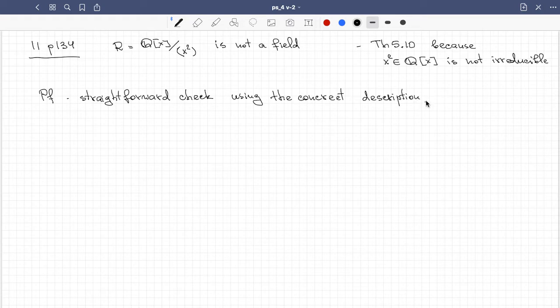The description is similar to what we just did. So we write, with the same argument, the ring as a set of classes of ax plus b.